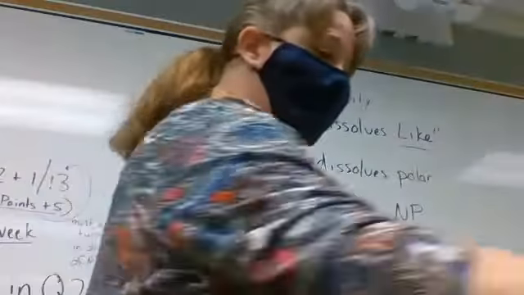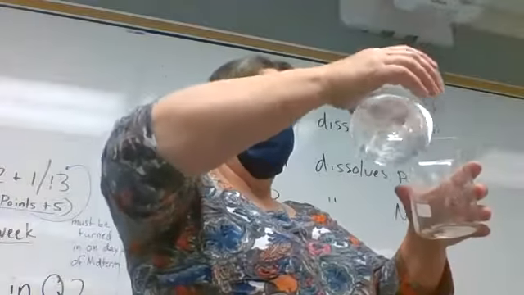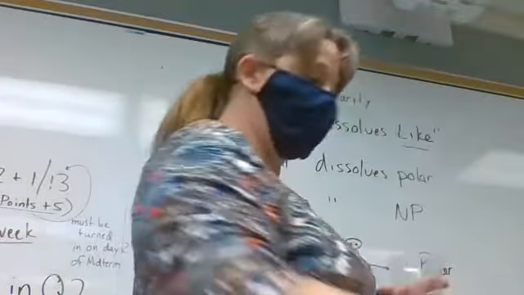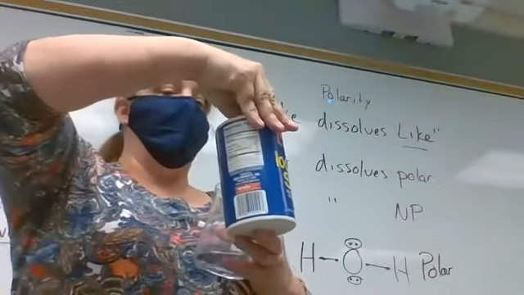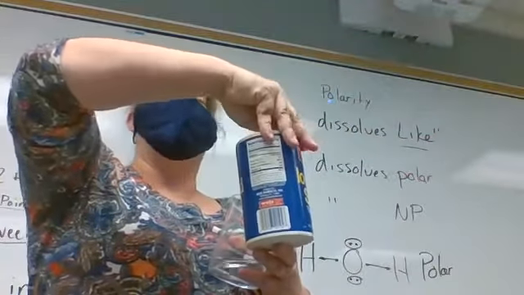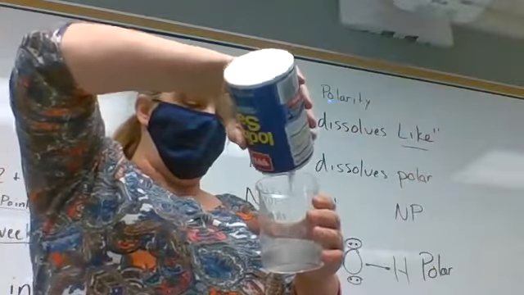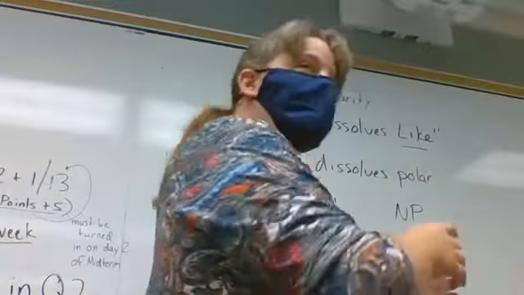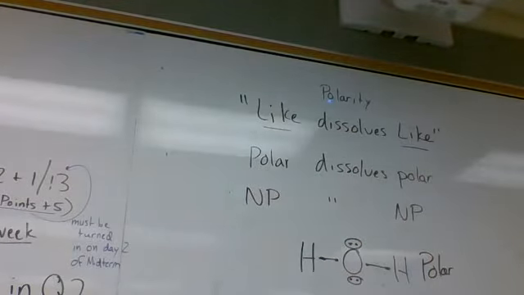Here's what I mean. Here is water. We all know that salt will dissolve in water. Guess what? Salt is a very polar substance. As a matter of fact, if you take the electronegativity values of sodium and chlorine, which are on the top of your periodic table, you will find that it has a very large difference, which means it is a polar bond.